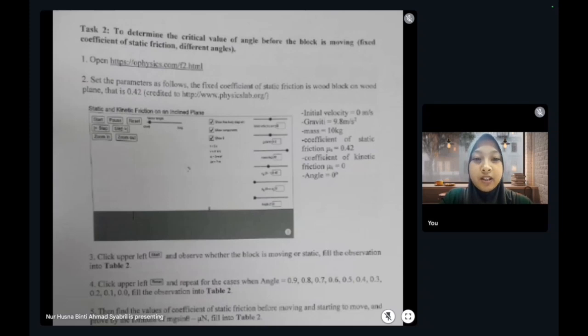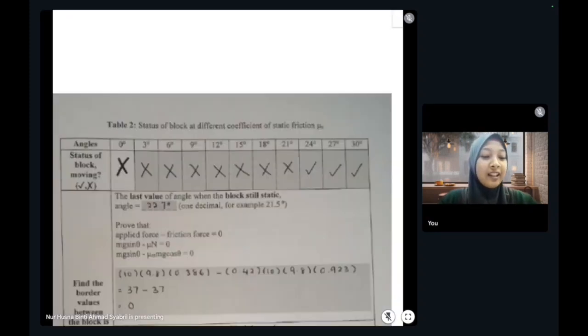The initial velocity is 0 meters per second, gravity 9.8 meters per second squared, mass 10 kilograms, coefficient of static friction μs 0.42, coefficient of kinetic friction μk 0, angle 0. And then mark the result in the table, repeat the process with different angles.